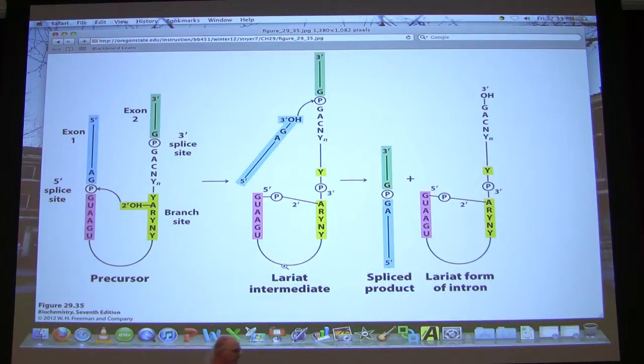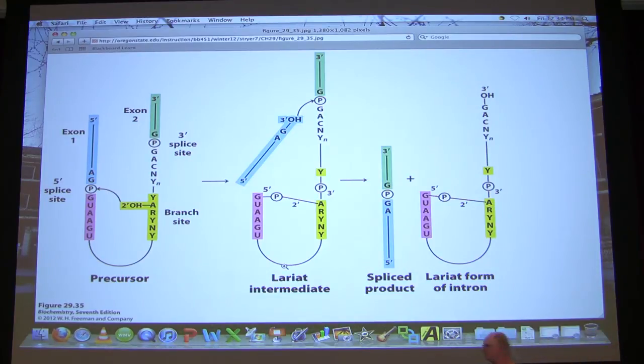So three conserved things that we see: a 5' GU, a 3' AG, and a pyrimidine-rich region about 20 or 30 base pairs away from the AG. Introns can be enormous in size. I worked with one one time that was about 10,000 base pairs long. They can be short. They might be as short as 50 nucleotides in size.